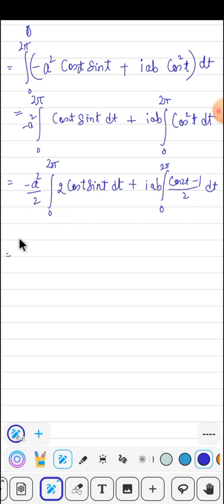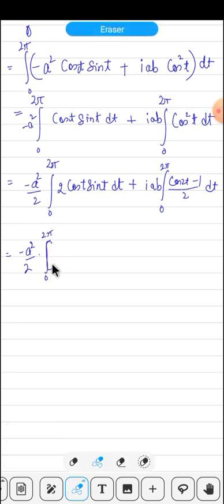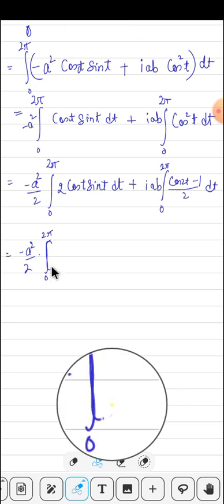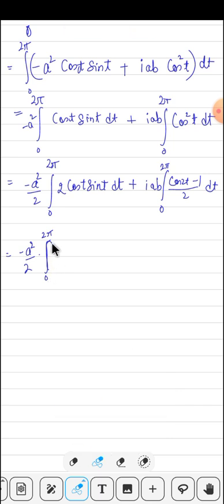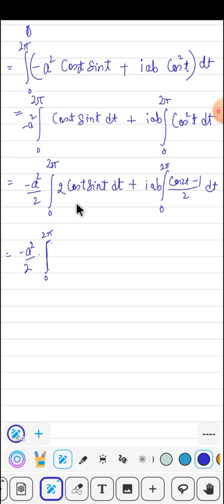Now minus a square upon 2, 0 to 2 pi, here comes sine 2t dt plus i a b, 0 to 2 pi. 2 is common, I am left with cos 2t minus 1 dt.